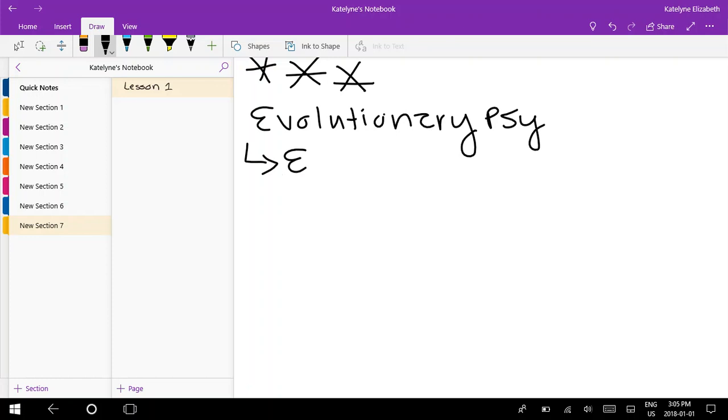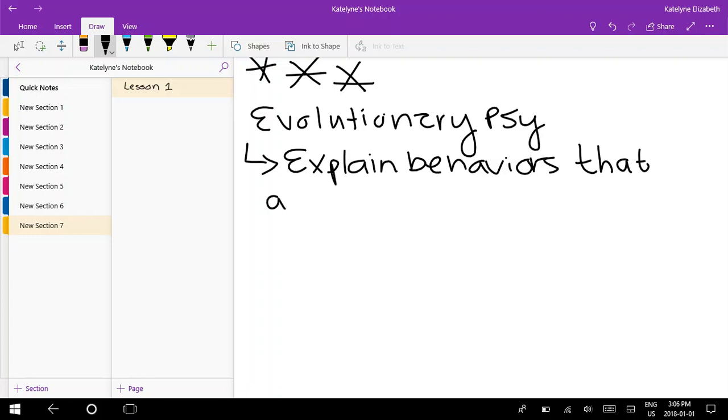So it's to explain behaviors that are common to all of us, or you could say that are universal. Okay? So, and it has an evolutionary origin.